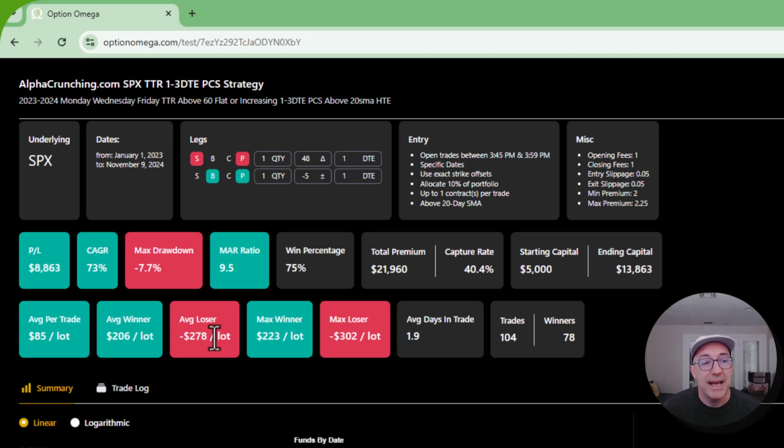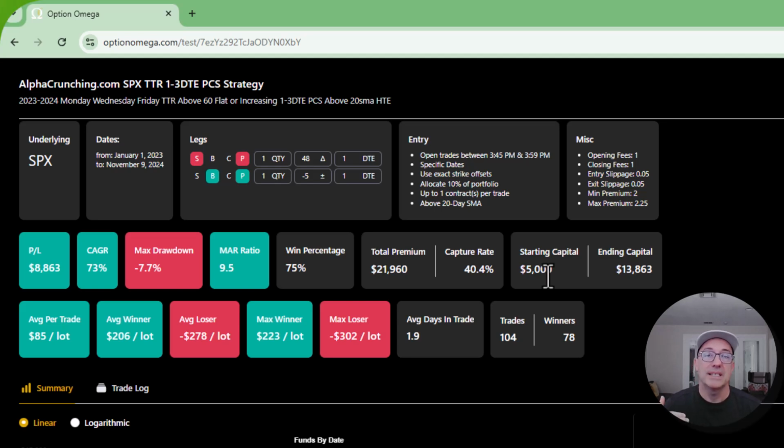But we can see that this strategy made almost $9,000 over the last couple years. And if you think about that same $300, that fixed one spread per trade, as the account gets to $10,000, now we're only risking 3%. So this really isn't allocating based on the size of the account.